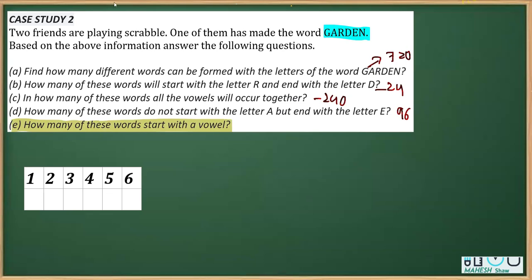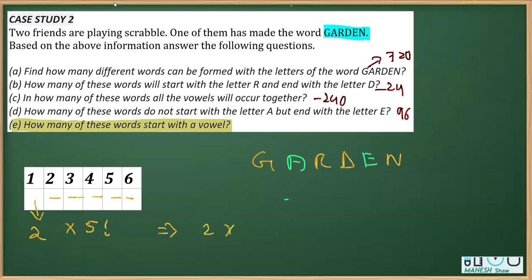You can see that we have the word GARDEN, and the vowels here are A and E. Since the word should start with a vowel, the first place can be filled in two different ways, either A or E. Now for the remaining slots, since one place is occupied by either A or E, we are still left with 5 letters, and they can be placed in 5 factorial ways.